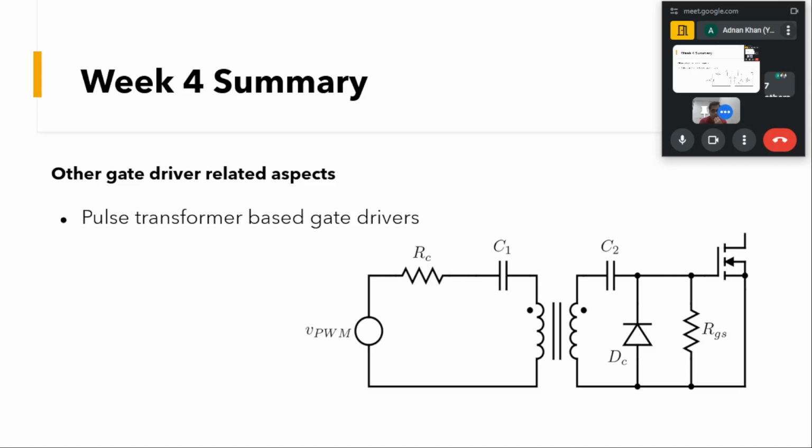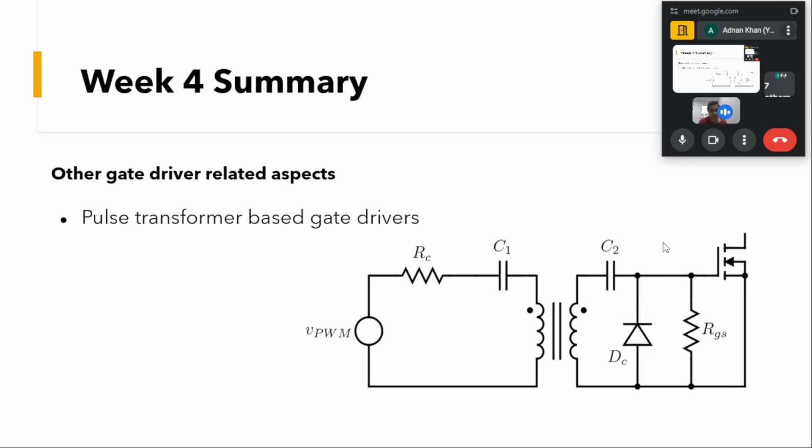We know that a transformer cannot process DC, but since our PWM varies from 0 to VDC, we require this capacitor as a DC blocking capacitor, which would block the DC and shift our primary PWM by some DC amount. Then at the output we can get a similar voltage, but it won't be able to drive our devices.